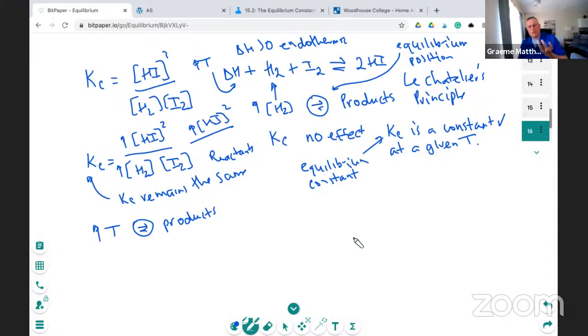Does it go down? There's nothing to memorize here, chemist, nothing at all. If I increase the temperature, I shift the equilibrium position over to the right, and so I'm going to produce more products and have less reactants.